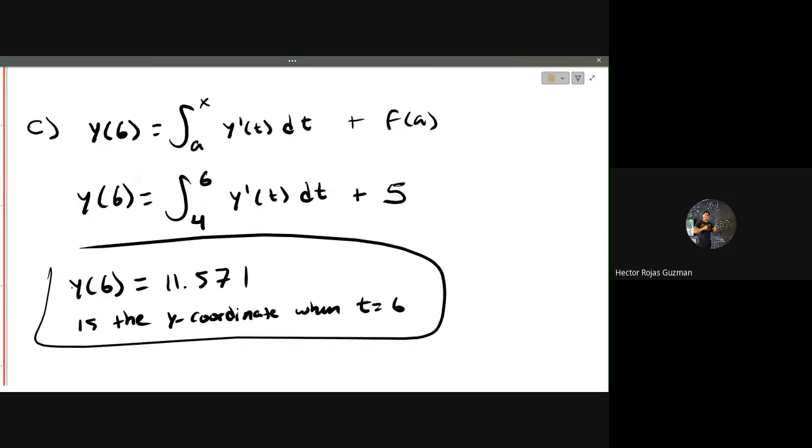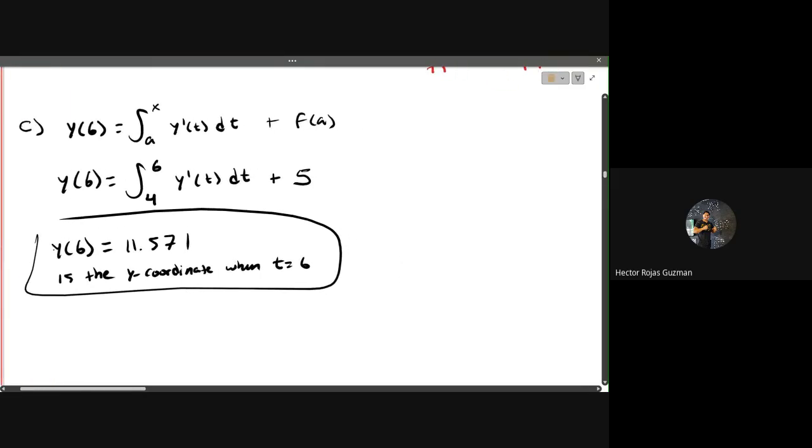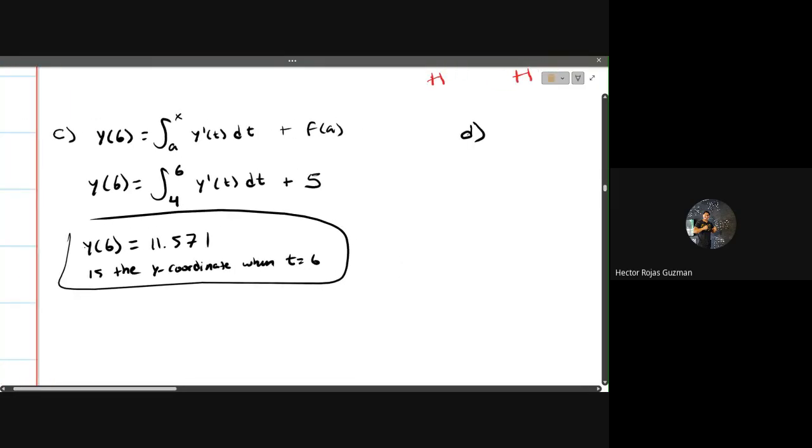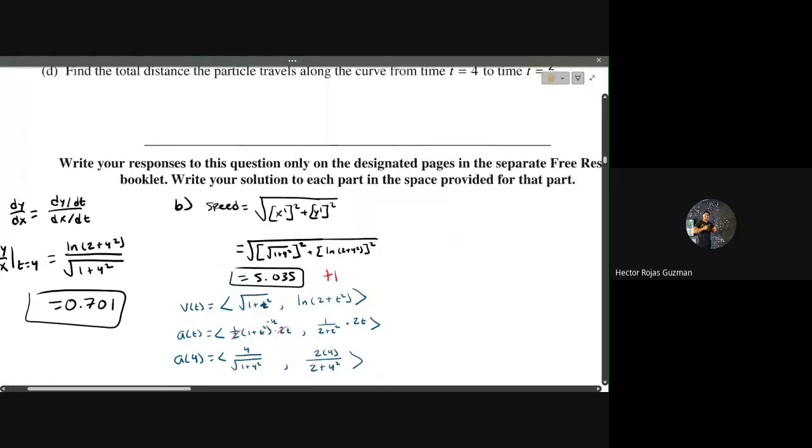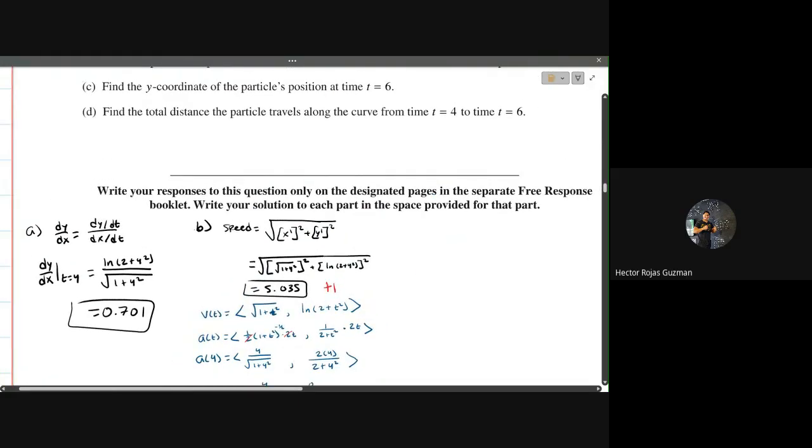3 points. 1 for including the plus 5, the initial condition, 1 for setting up the integral, and the other point for the answer. Okay, last one. Find the total distance the particle travels from 4 to 6.